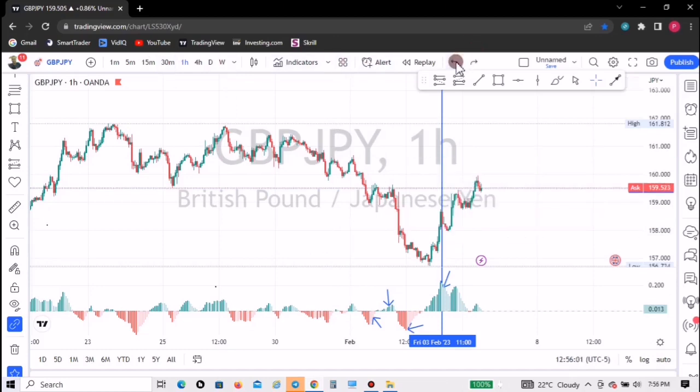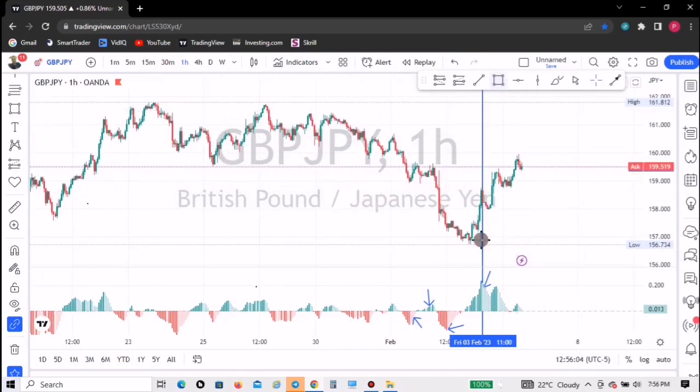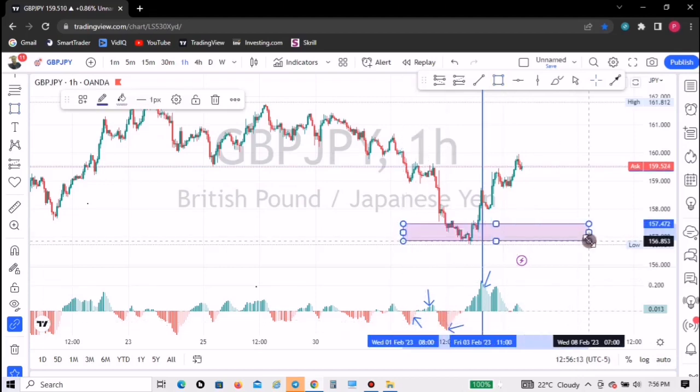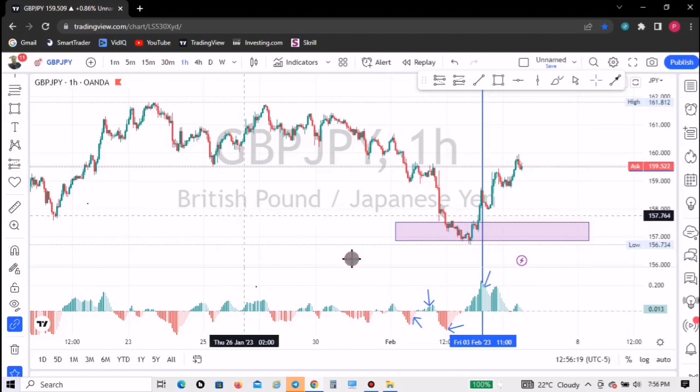And let's try and mark the other key levels. The other one is this, the lowest point is this. Here is the other key level. Make sure you highlight almost the whole region.